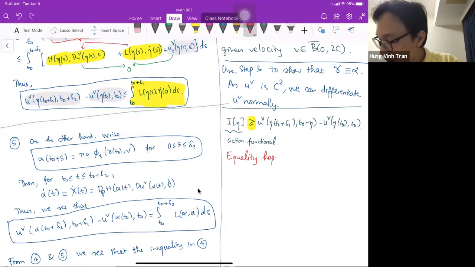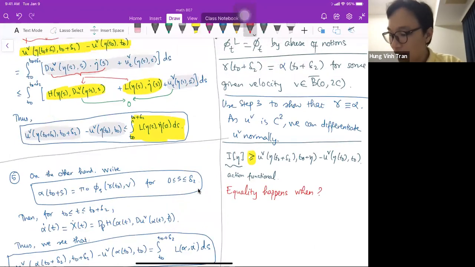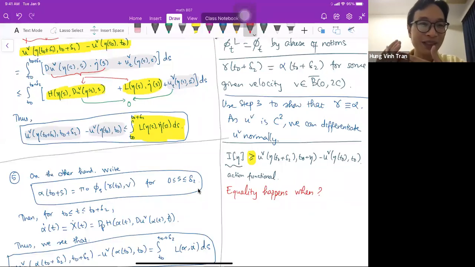You can trace back and see that I'm using exactly the Legendre transform inequality here. So for equality to happen, it's exactly the equality of the Legendre transform. It's so neat, right? It just comes exactly at the right place.